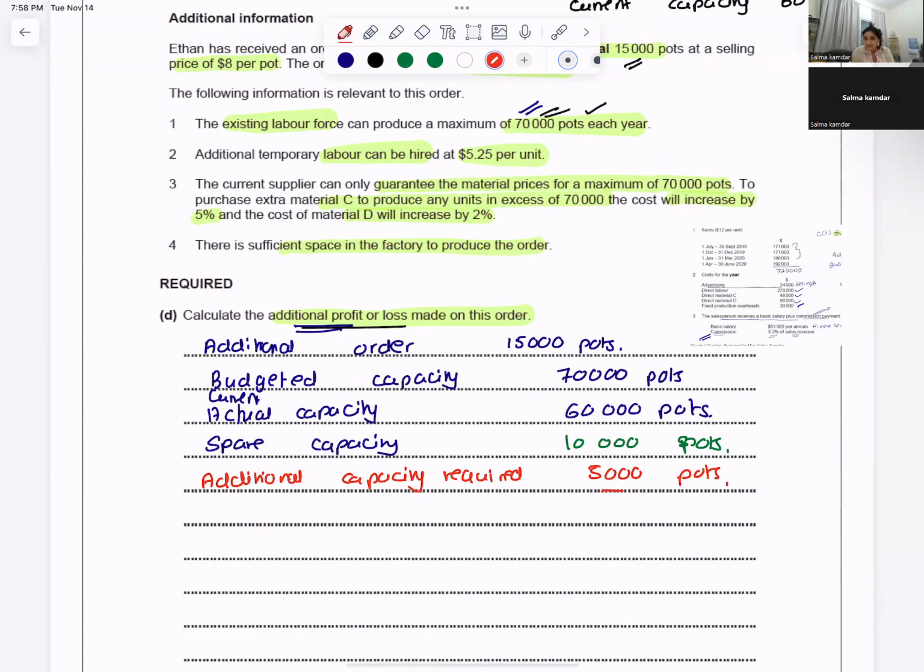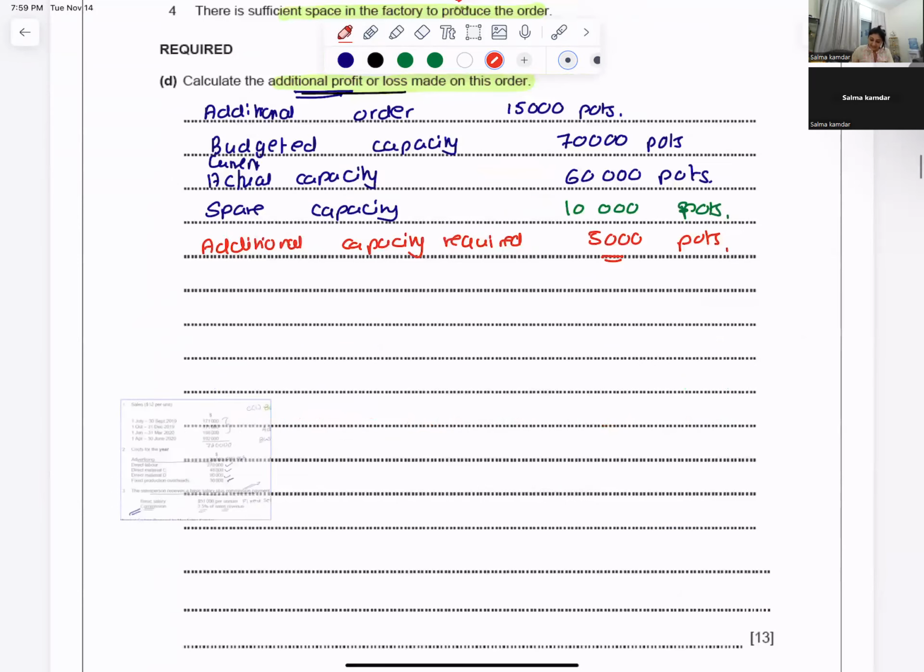These 5,000 pots are going to incur additional variable costs. They will take extra labor, and extra material C and material D at higher prices. Now I will go ahead with the prices that I have.